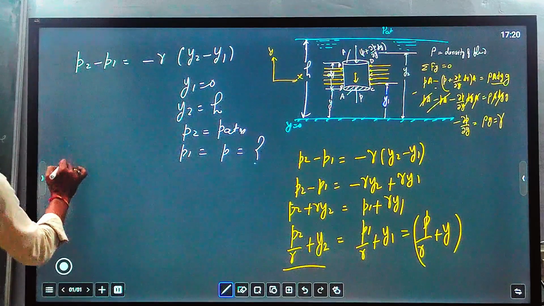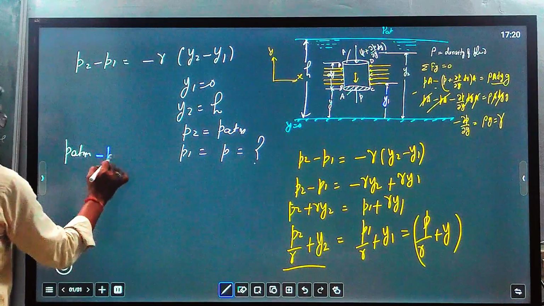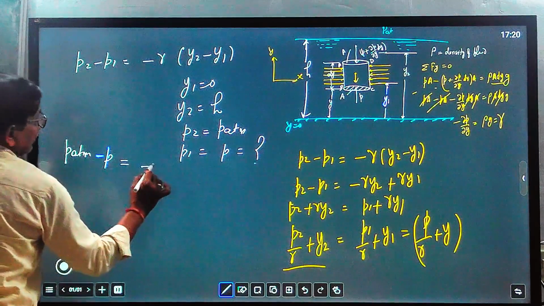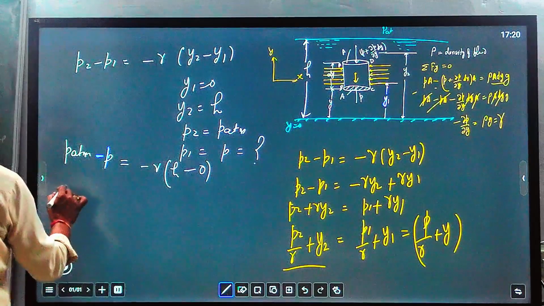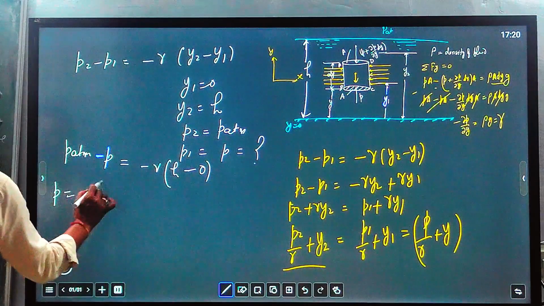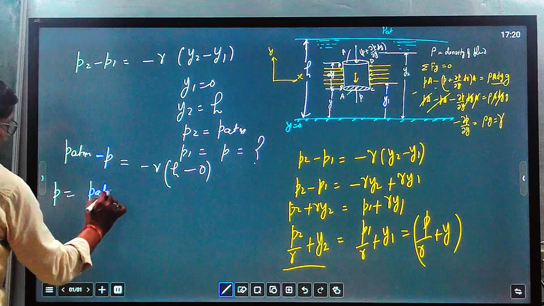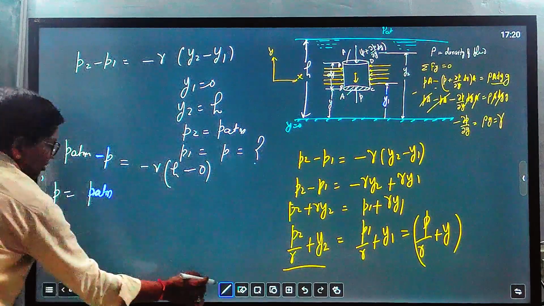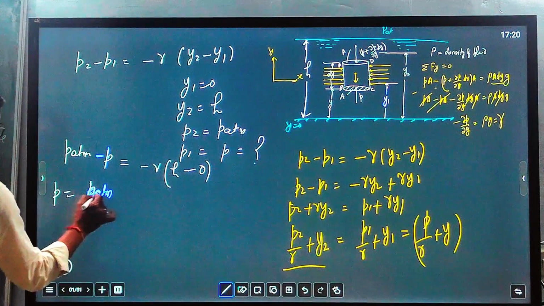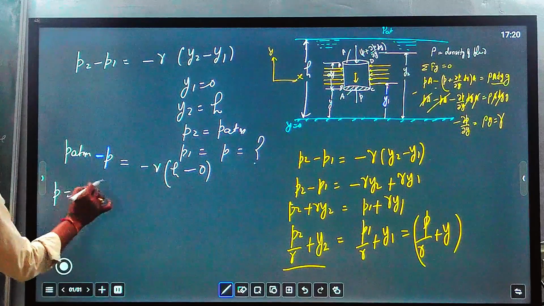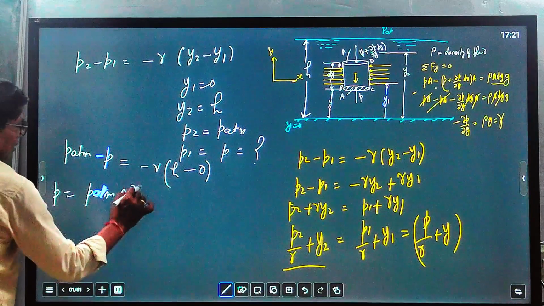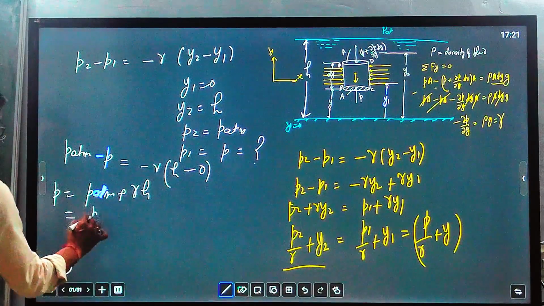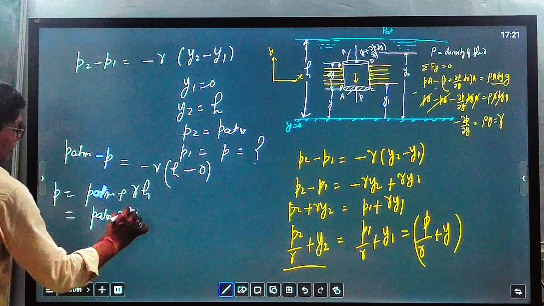So P atmospheric minus P equal to minus gamma (y2 means h, minus y1 which is 0). So P equal to P atmospheric plus gamma h, or P atmospheric plus rho g h.